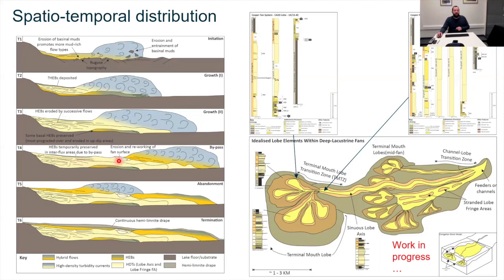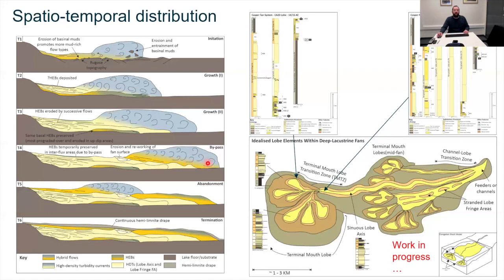And those sinuous channels feed distally located lobes or terminal mouth lobes. So I've shown that very schematically here, that you might have the early parts of the fan in here, and the later parts become bypassed, and you feed these terminal mouth lobe systems out in this part of the basin.